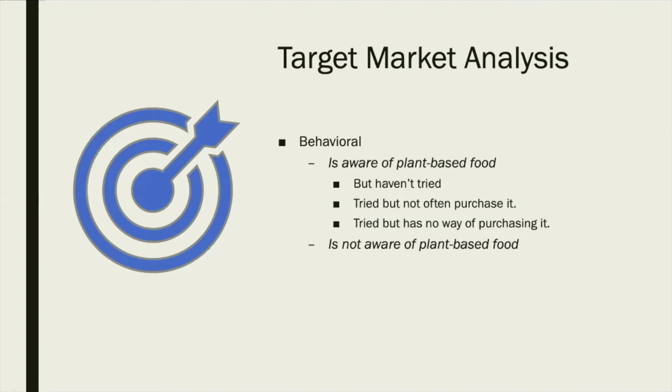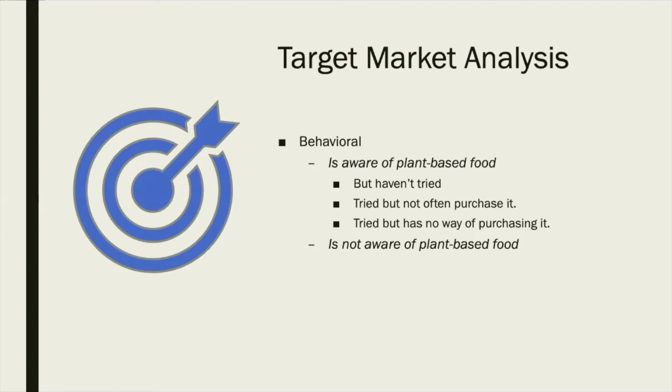And in terms of behavioral target market, we have separated them into two main categories. One is people who are not aware of plant-based food. The other is people who are aware of plant-based food, tried it, but do not often purchase it or have no way to purchase it.